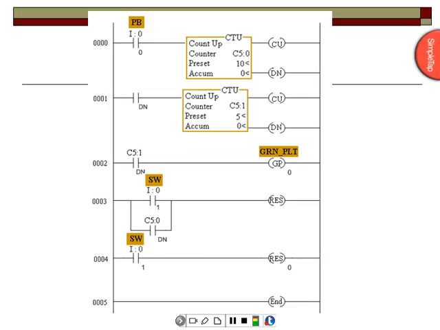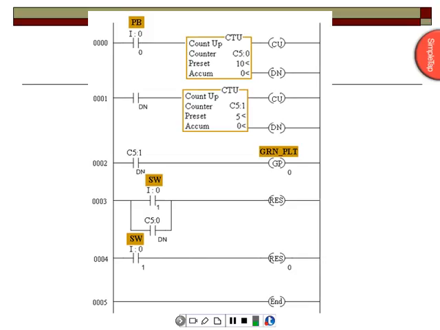Alright, I'm going to hit it 8 more times. Now my accumulator is up to 9. What happens when I hit it that 10th time? DN will activate, that is correct, which does what? You are right. It activates the next timer.